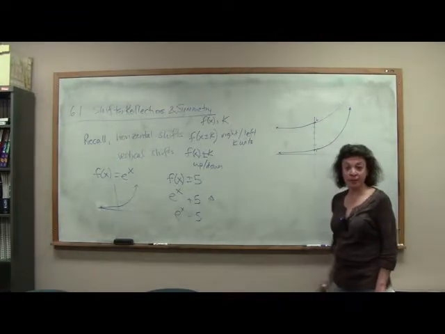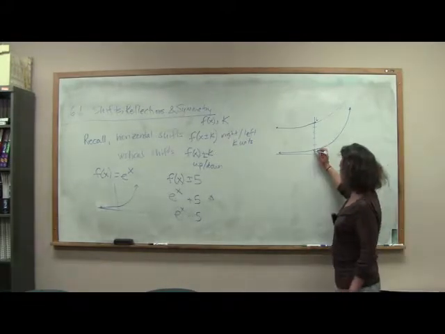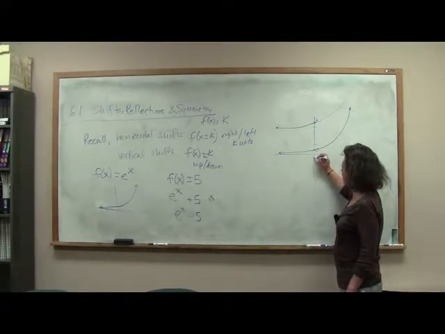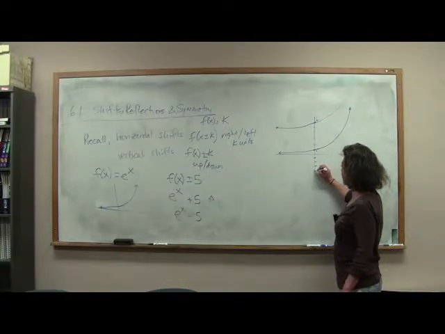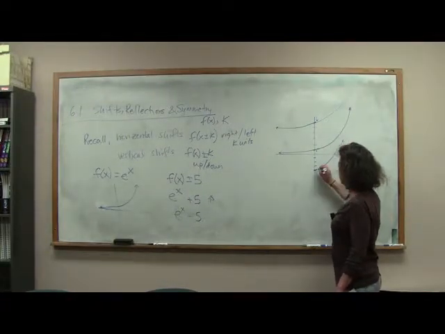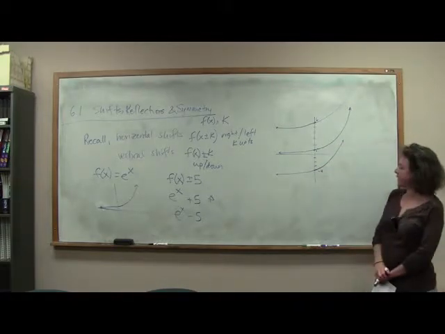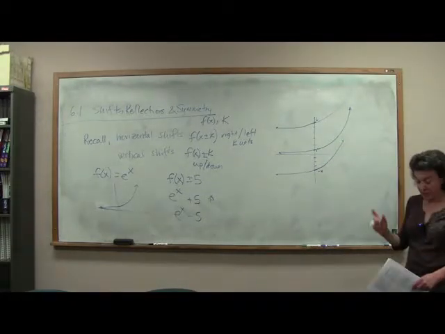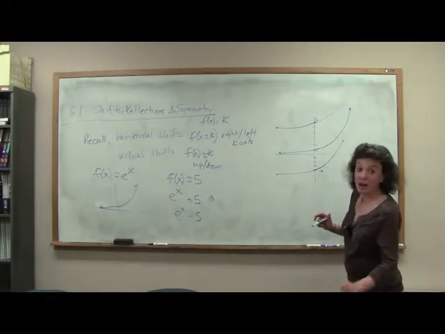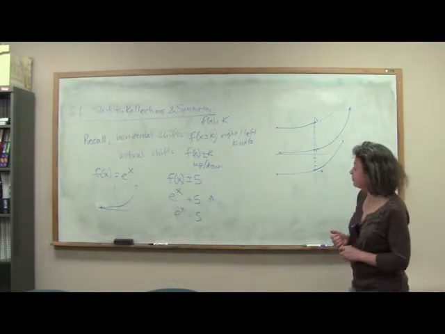In a similar manner, e to the x minus 5, you start here and you move down 1, 2, 3, 4, 5. So now we'll be going through negative 4, and we can draw our graph. Okay? So that's a recap of our vertical shifts.